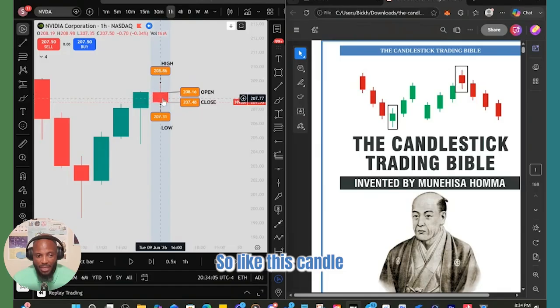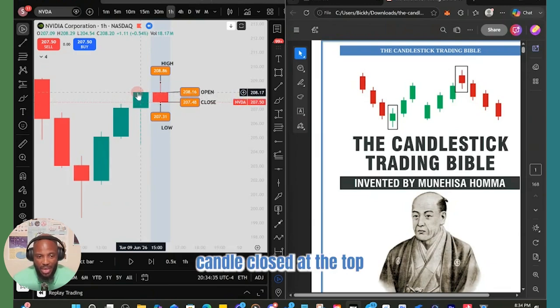So this candle closing inside of the body of this green candle, it's referred to as a harami setup. And with a harami you could expect the continuation of this candle that closed inside of the prior candle.